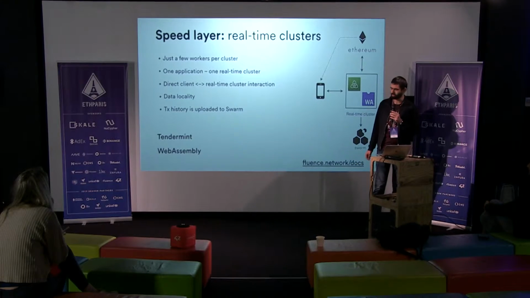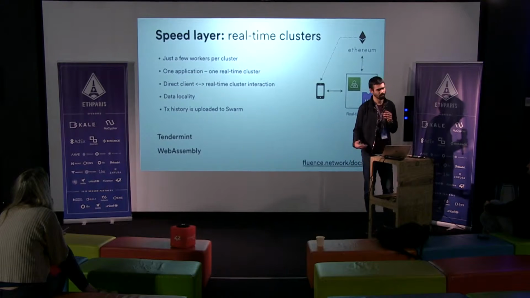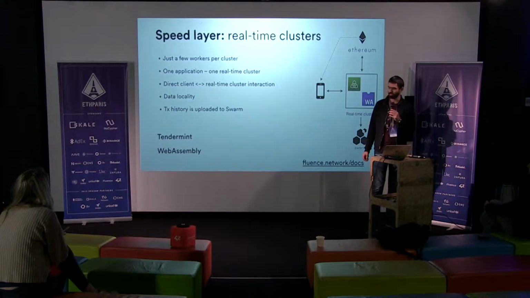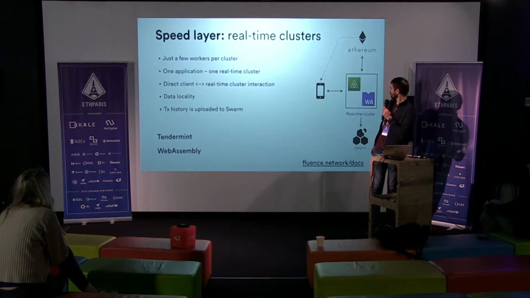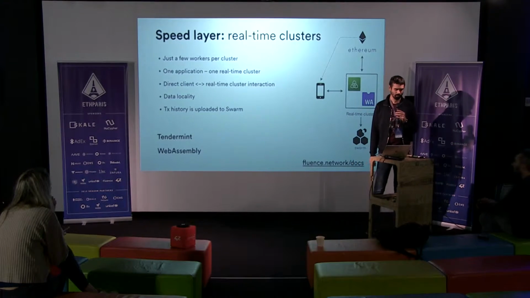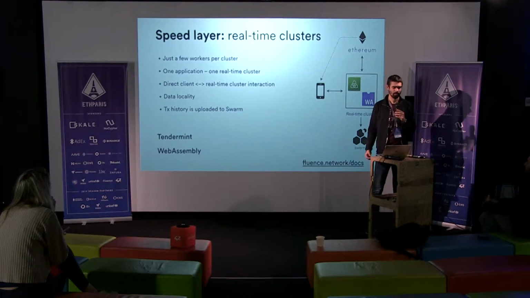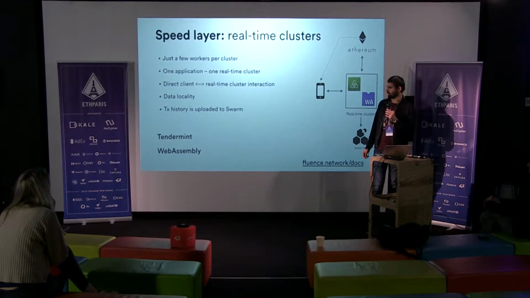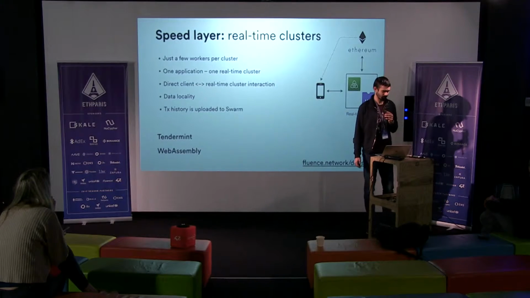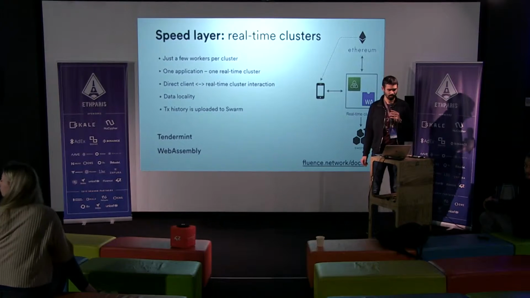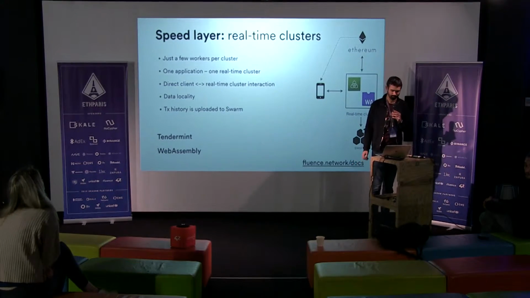Each cluster stores all the data required for computations, for state transitions, for responding to queries locally. Due to the small size of the clusters, we need some means to access the data of the clusters from the outside to verify that they behave. And to make it possible, the real-time clusters store the data to Swarm.